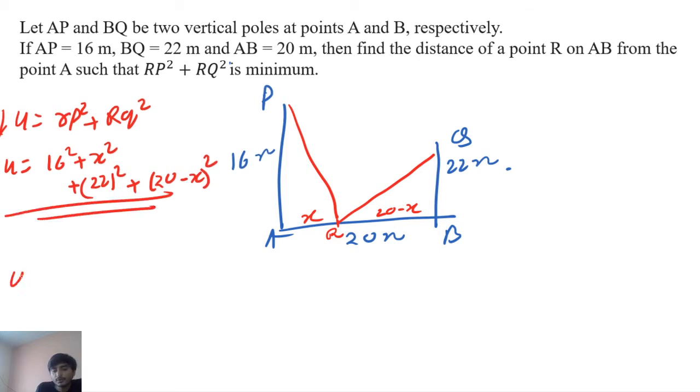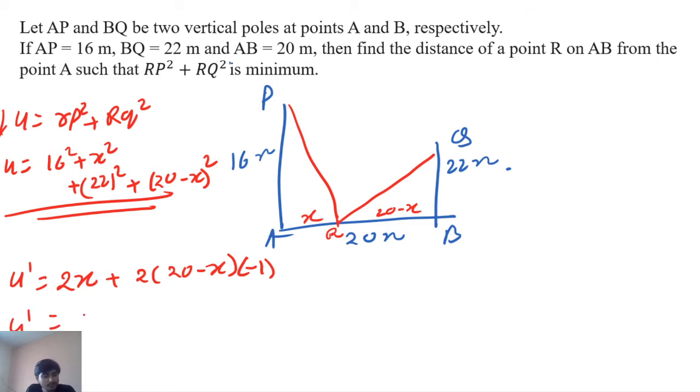Now if you need to find u dash, u dash will be with respect to x in this case. 16 square differentiation will be 0, x square differentiation is 2x, and this differentiation will become 2 into 20 minus x, into minus 1, right. Next step is put u dash equal to 0.